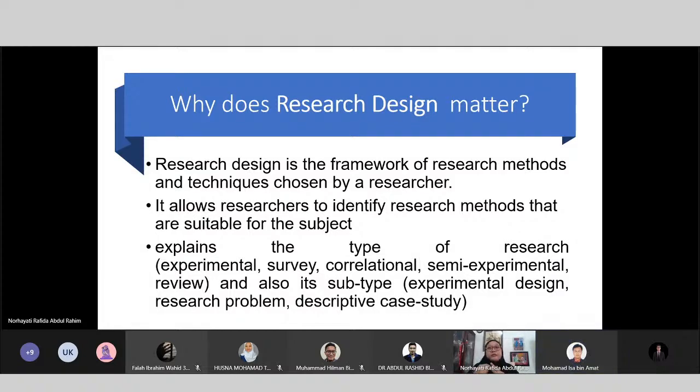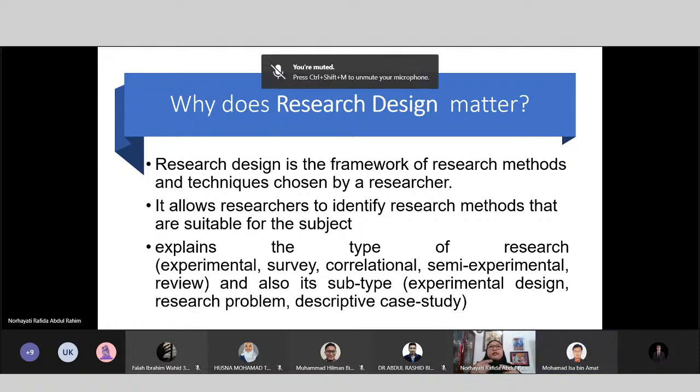So you must introduce: this research employs a qualitative approach. That brings the idea to the readers and gives them the scope of your research.